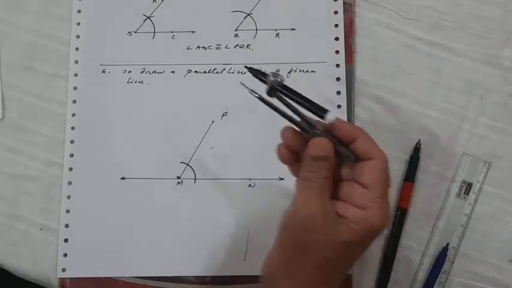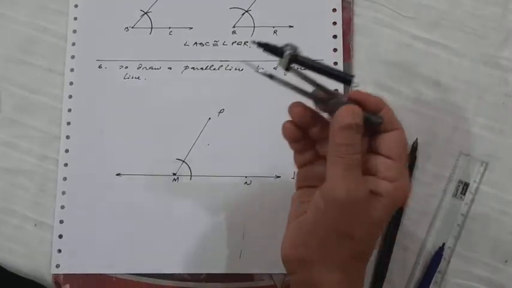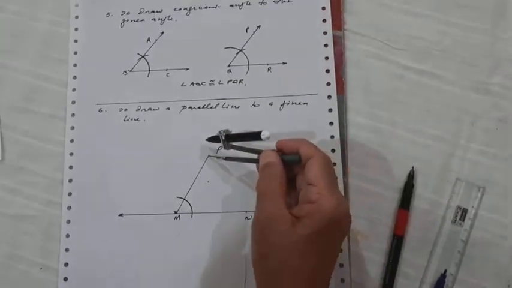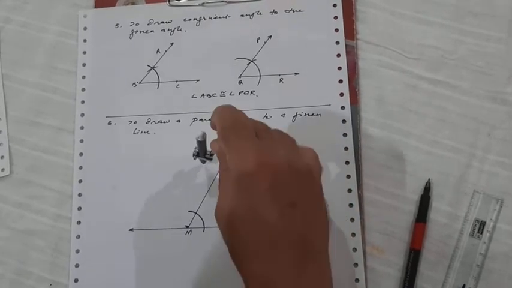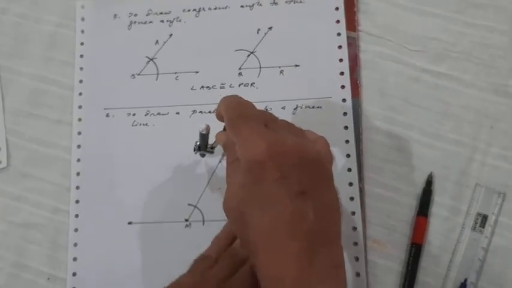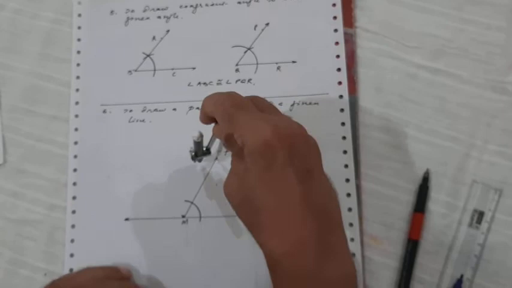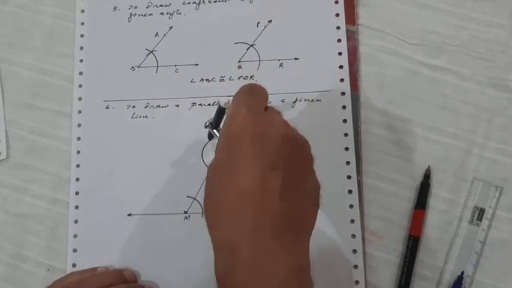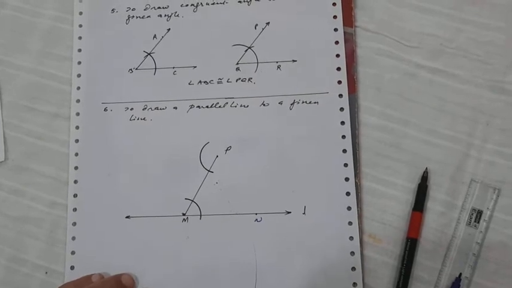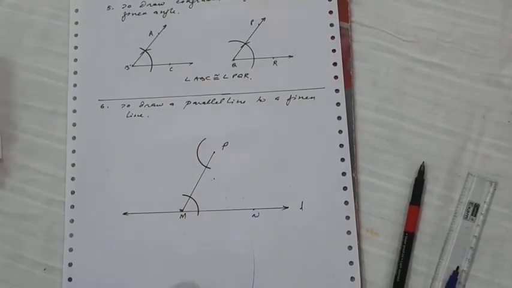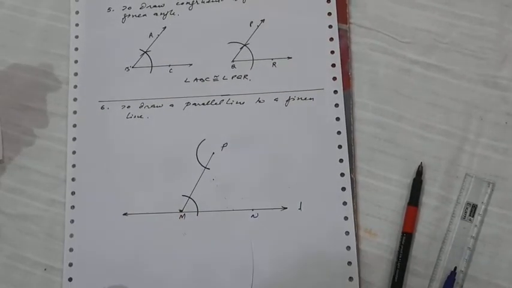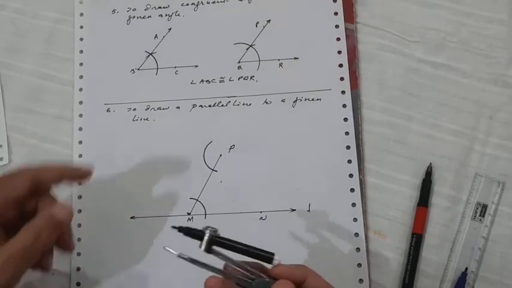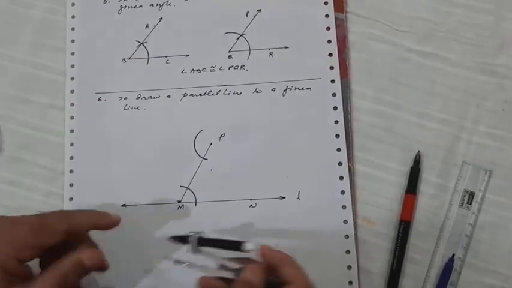Okay, now take the same distance, keeping the same distance, keep your compass at P and draw the arc on the opposite side. This is on the right side and now this will be on the left side. So like this you draw the arc. This should be opposite of the first one. Now again, as we did this construction, we have to repeat it here.